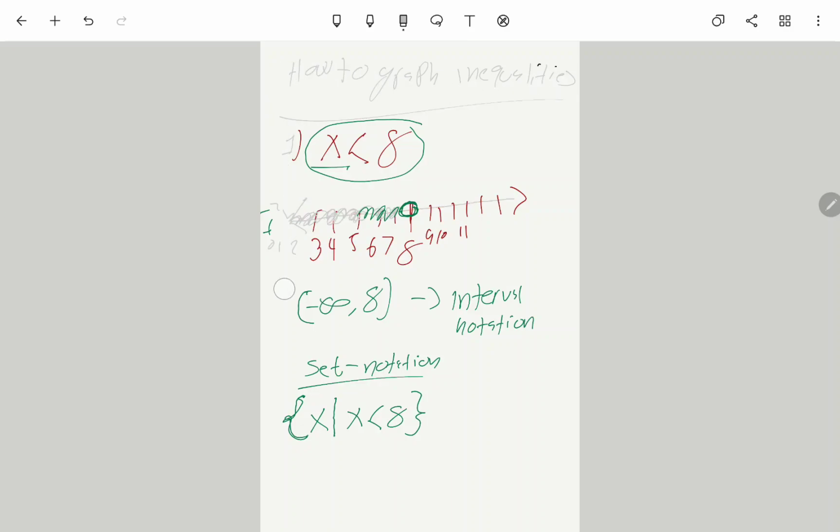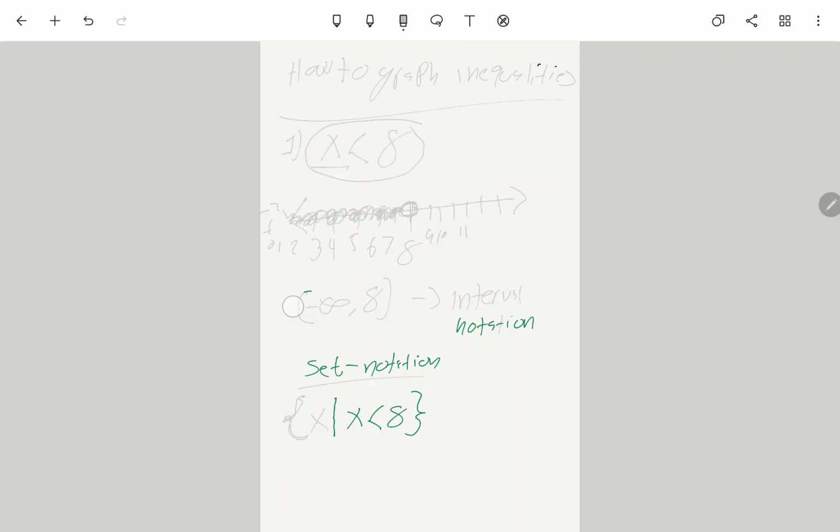Now we need to solve the rest of the inequalities. Inequality number 2 is x greater than negative 8. Same thing for the graphing. The mirror is negative 8. Numbers here, numbers the other way.